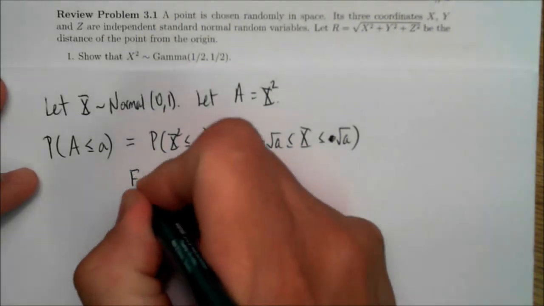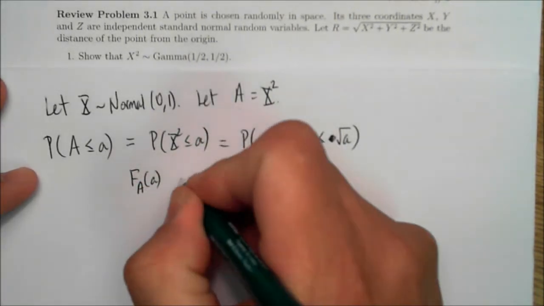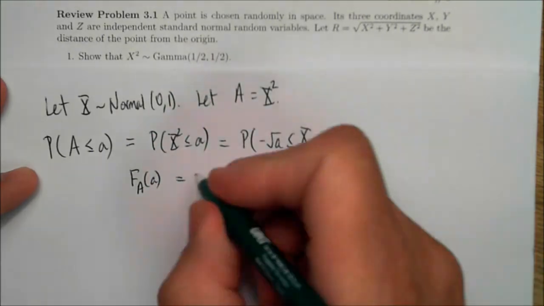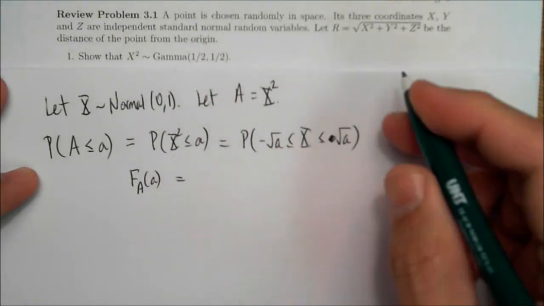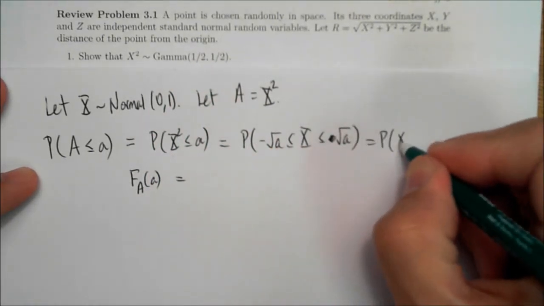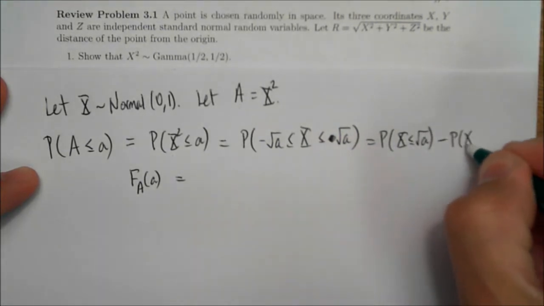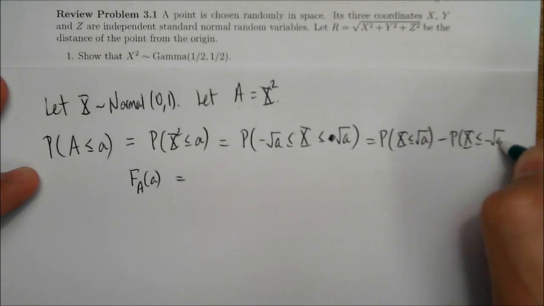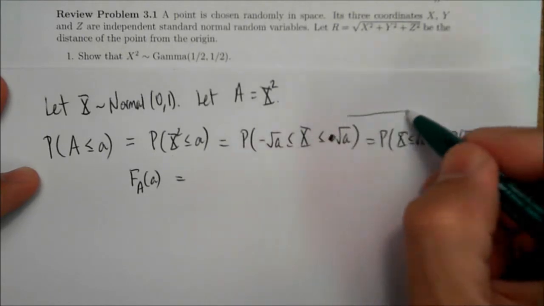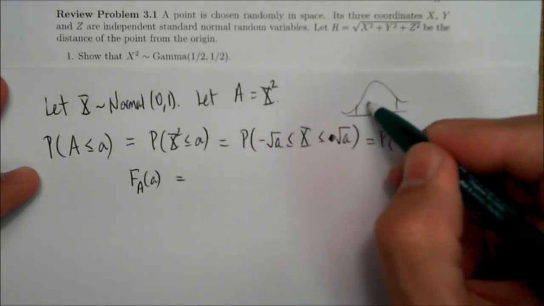So the CDF of this function capital A is equal to, well, let's see, if x is less than or equal to square root of a, but it is not less than or equal to negative square root of a, then the random variable x is somewhere between these two numbers.